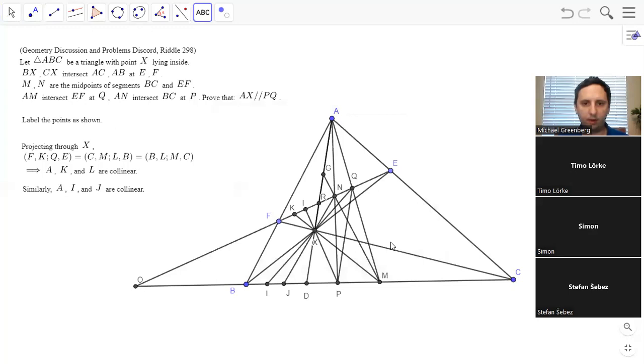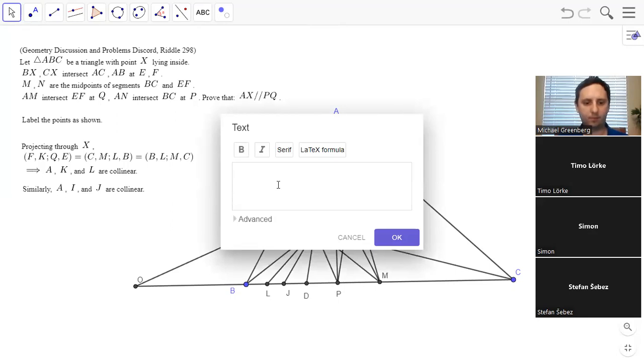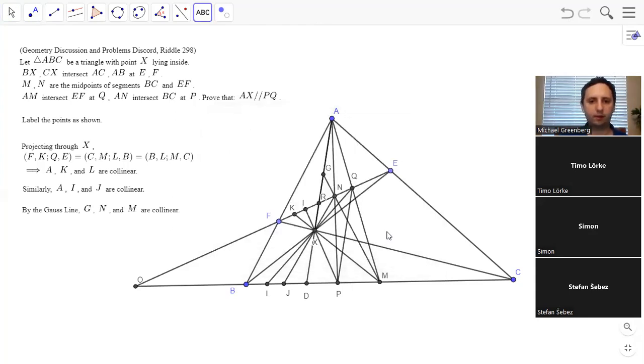And then by the Gauss line, G, N, and M are collinear. Yeah, I feel like we have to use somewhere that G is the midpoint of AX.